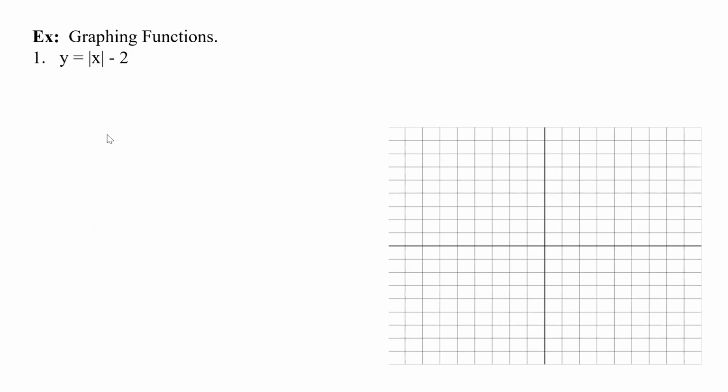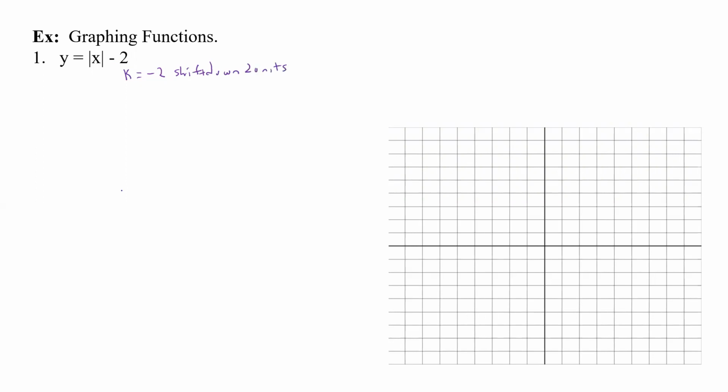Well, that reminds us of the absolute value of x, which is one of our toolkit functions. And then we say minus 2. Well, that is kind of our k. And since it's a negative 2, k is equal to negative 2, which means we're going to shift down 2 units.